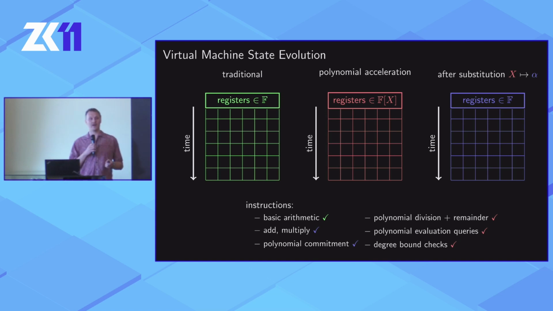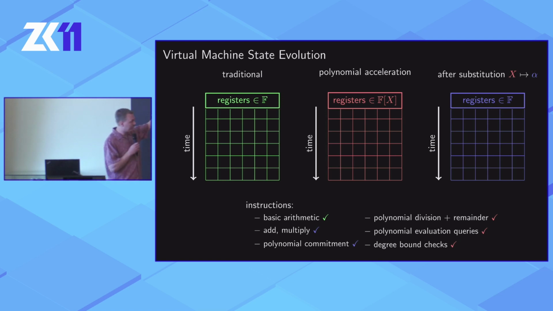But if we can authenticate arbitrary polynomial arithmetic, then these registers can actually take values from the polynomial ring over that field. And then in order to make the AIR still apply, we collapse those polynomials back to scalars using evaluation in a random point supplied by the AIR.